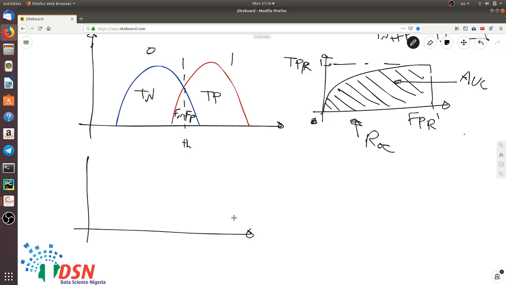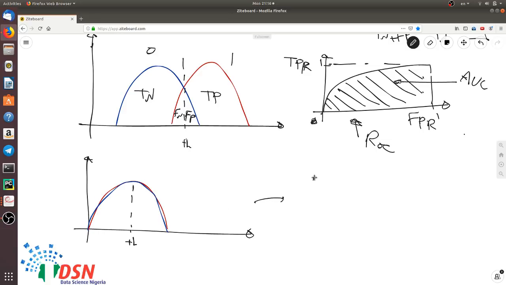To show you another case, let's say now we have this distribution of the 0 class, and this is the distribution of the 1 class. They are perfectly matched, and this is so bad for the classifier to separate between these two classes.